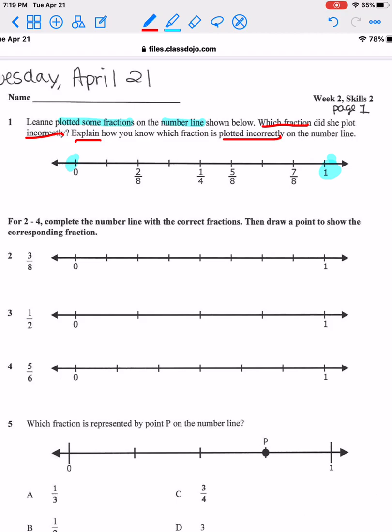So let's count. 1, 2, 3, 4, 5, 6, 7, 8. 8 equal parts. So I know that my denominator, which is the one that represents my equal parts, has to be an 8.